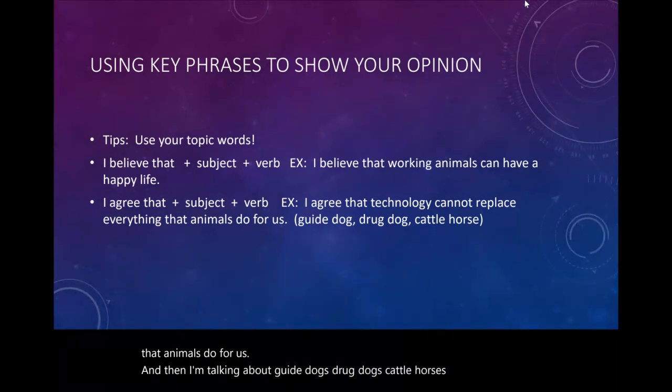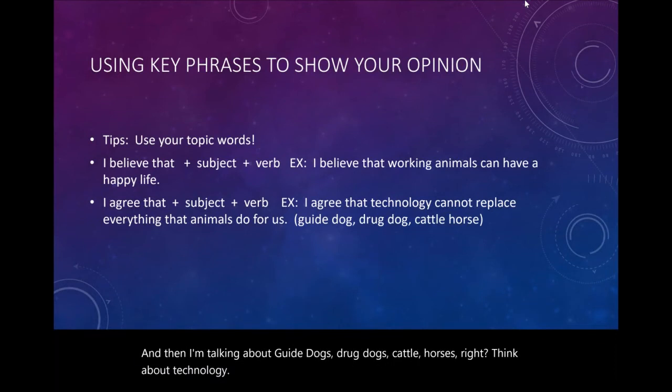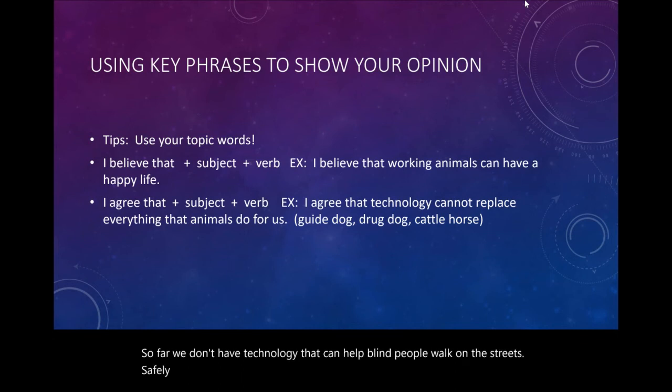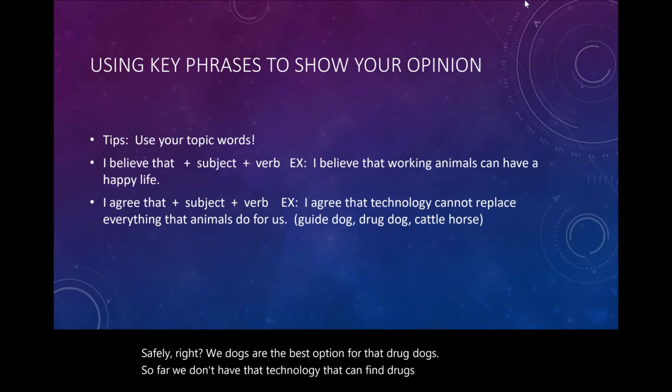Think about technology. So far, we don't have technology that can help blind people walk on the streets safely, right? Dogs are the best option for that. Drug dogs, so far we don't have technology that can find drugs as well as dogs can.